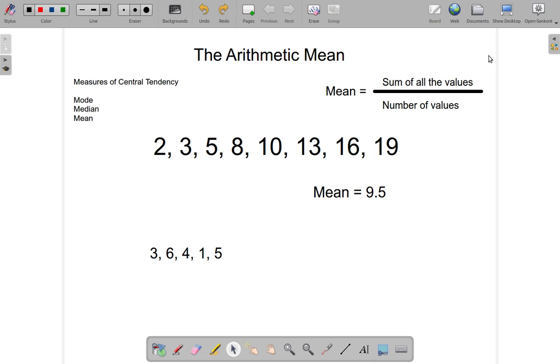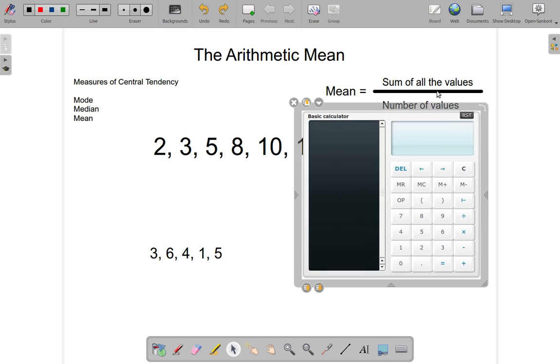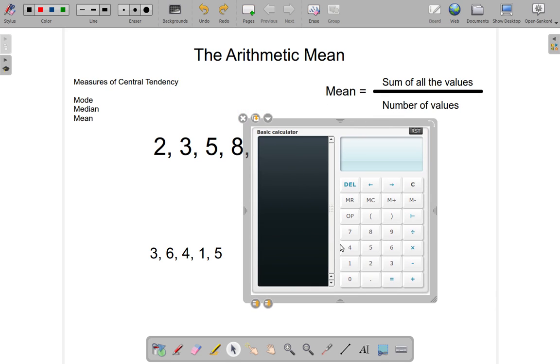For the arithmetic mean, you calculate it using this formula, and you say 3 plus 6 plus 4 plus 1 plus 5 equals 19, and there are 5 values here, so you say 19 over 5 equals 3.8.